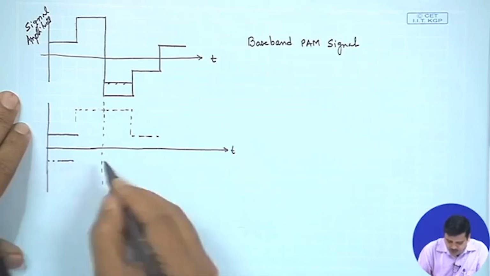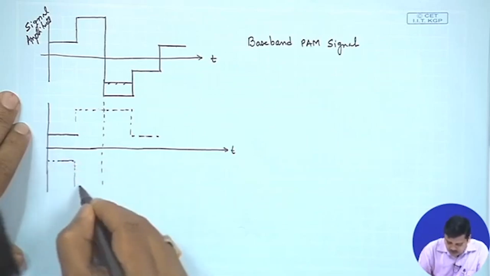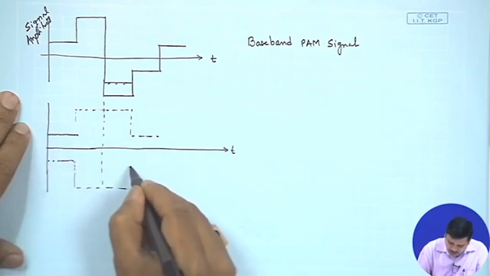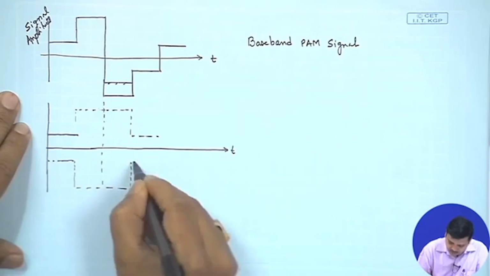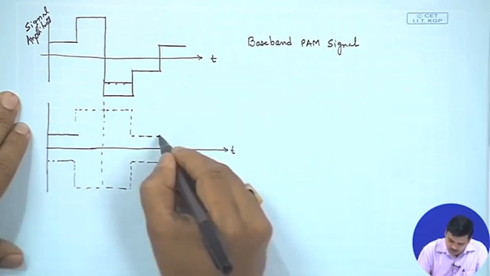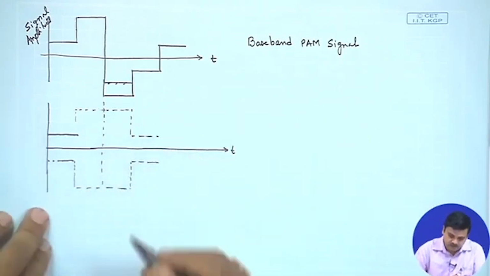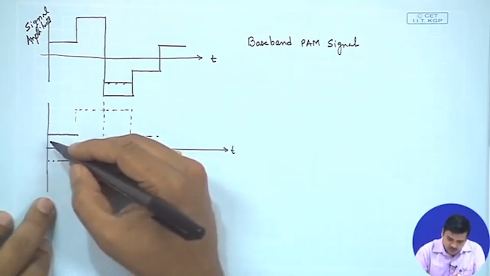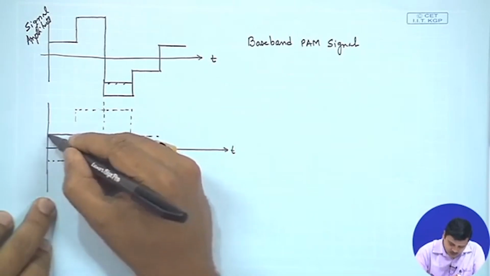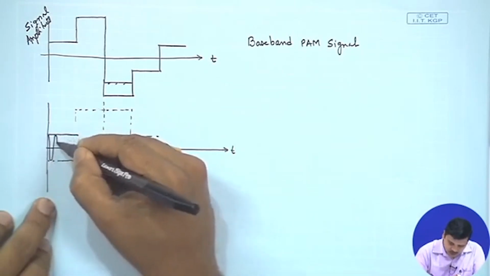Since we are talking about the modulated carrier, it will be the envelope. So, what we could do is put a carrier in this.